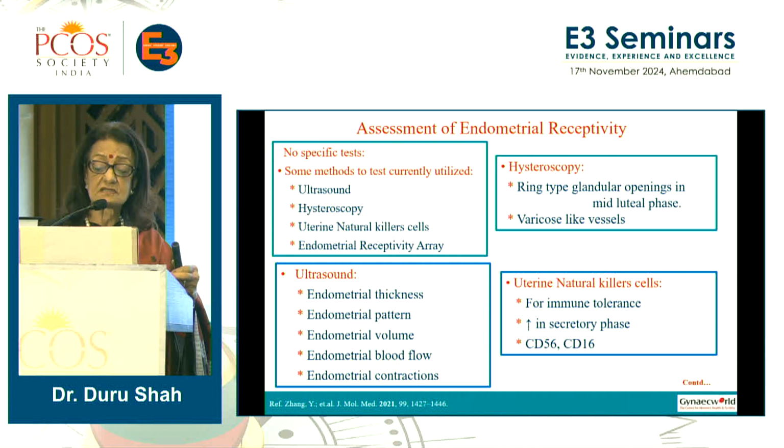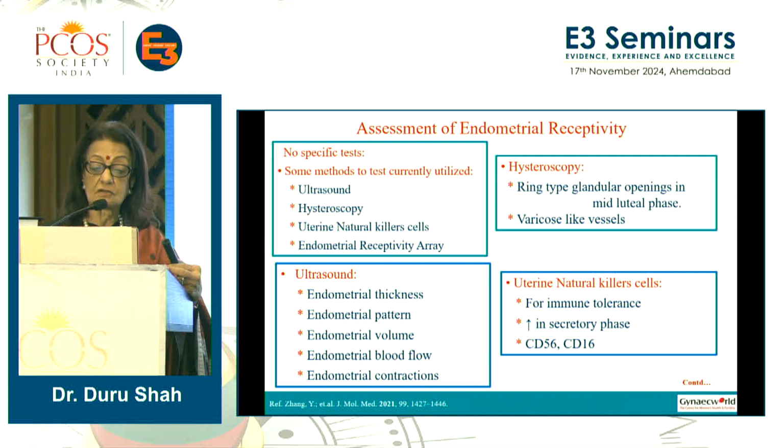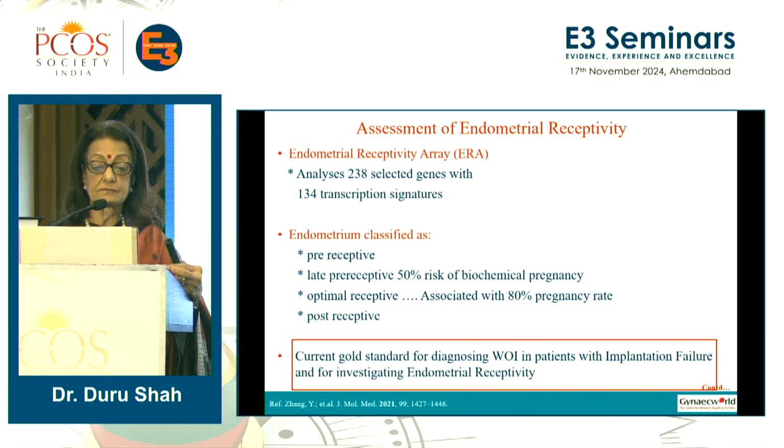Uterine natural killer cells again have not been found to be very helpful. So today we are basically depending on the ultrasound morphological appearance and the vascularity of the endometrium, and we are also looking at chronic infection in the endometrium, and looking by hysteroscopy for any adhesions in the endometrium.